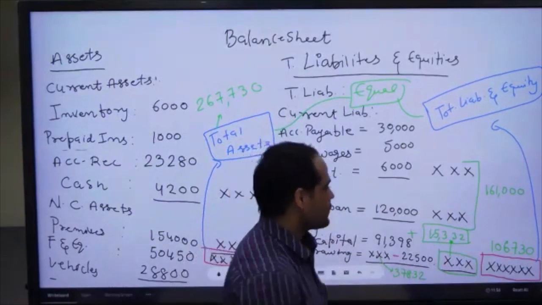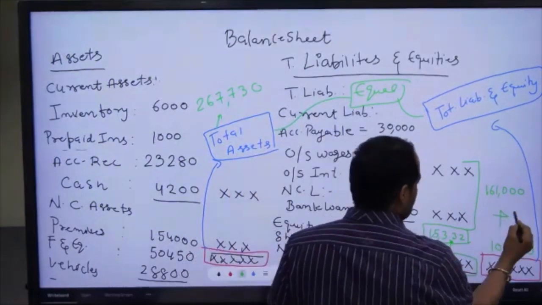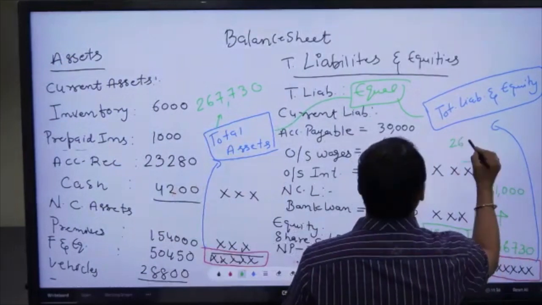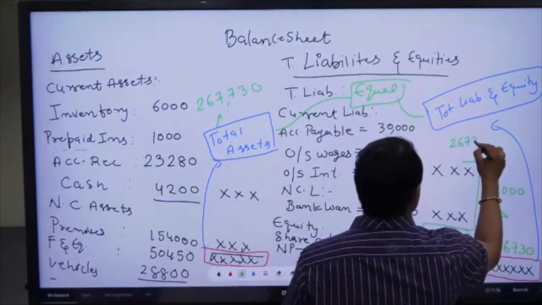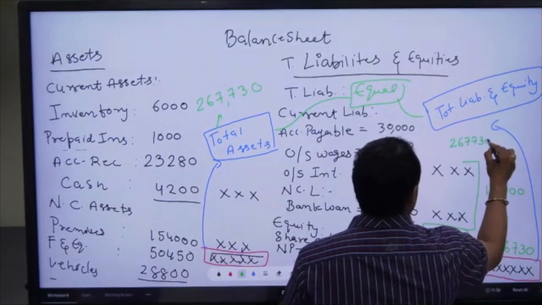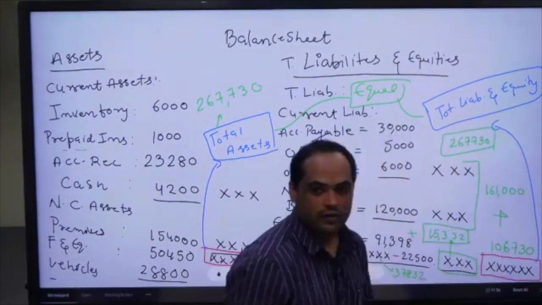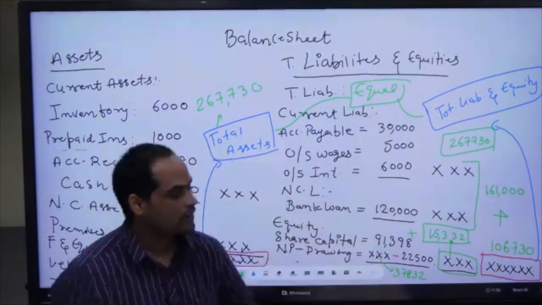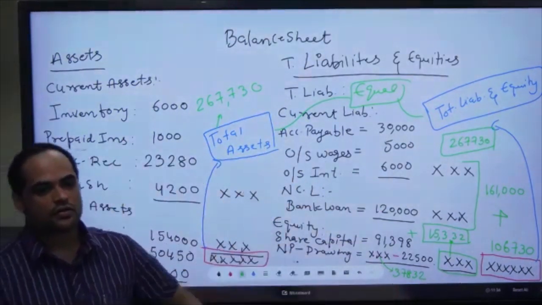All right. So this plus this should be 267,730. All right. Yes, it's balanced now. Yeah. So that's right. All right. So this is your balance sheet.